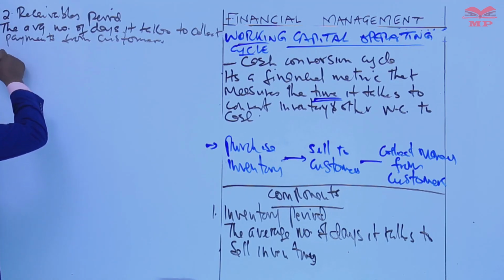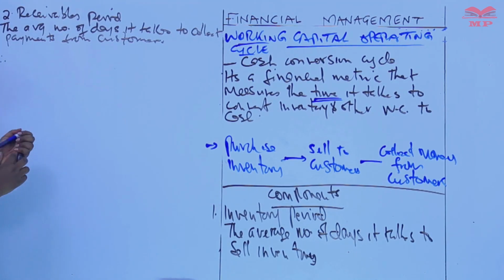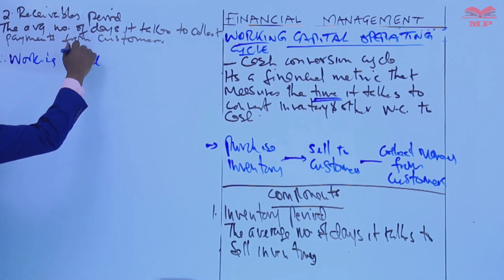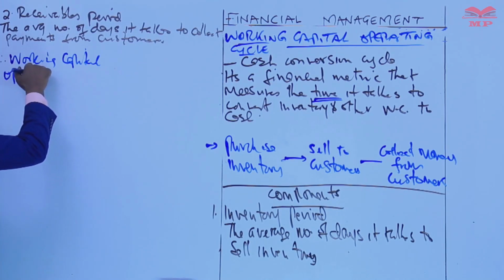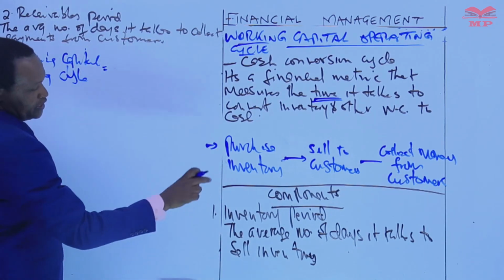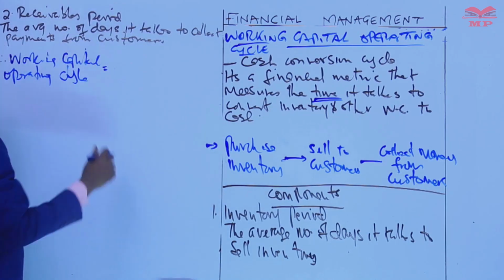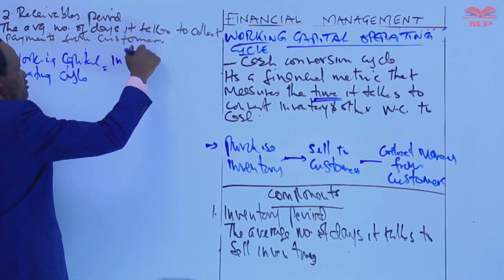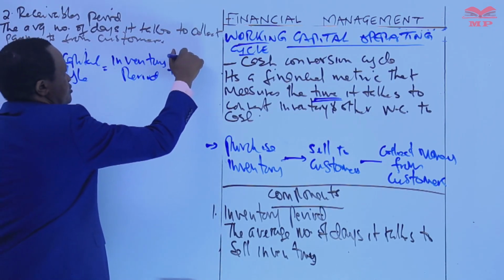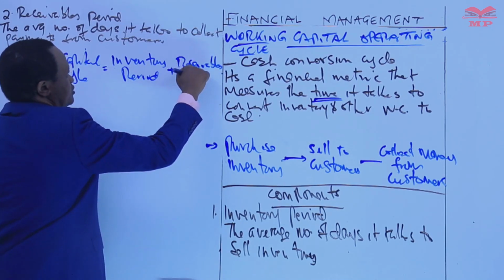And therefore, candidates, the working capital operating cycle will be equal to inventory period plus receivables period.